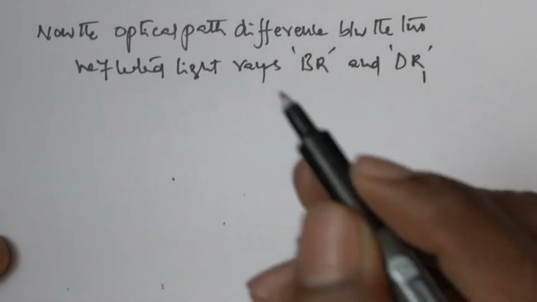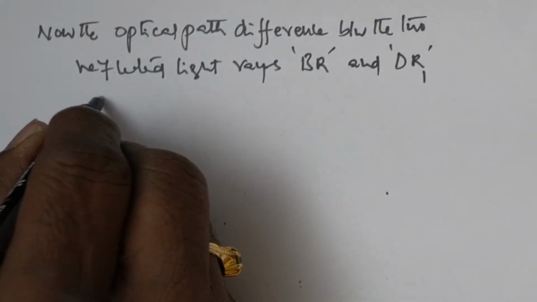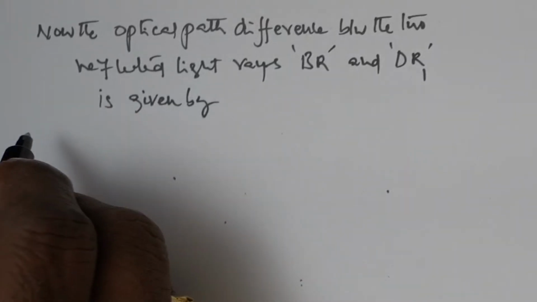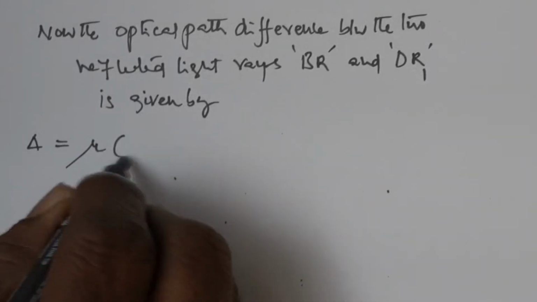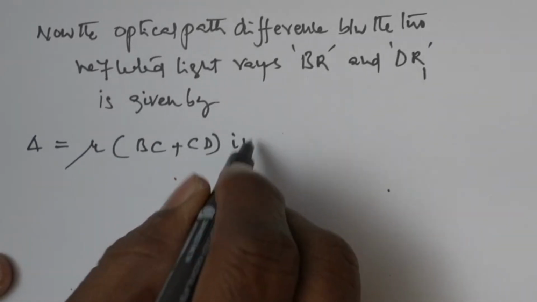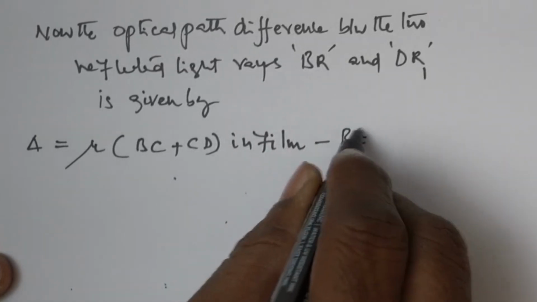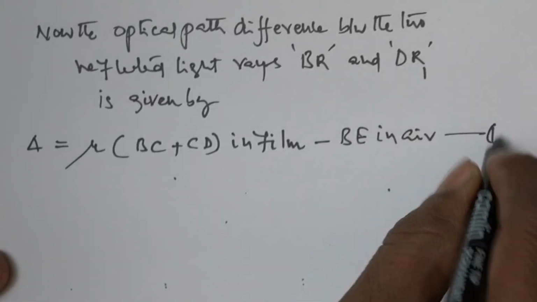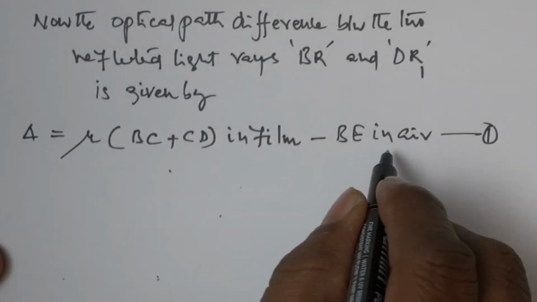The optical path difference between the two reflected light rays BR and DR1, representing with delta, is given by delta is equal to mu into BC plus CD in film minus BE in air. I can consider it as equation 1. So BC plus CD exist in film and BE is in the air.